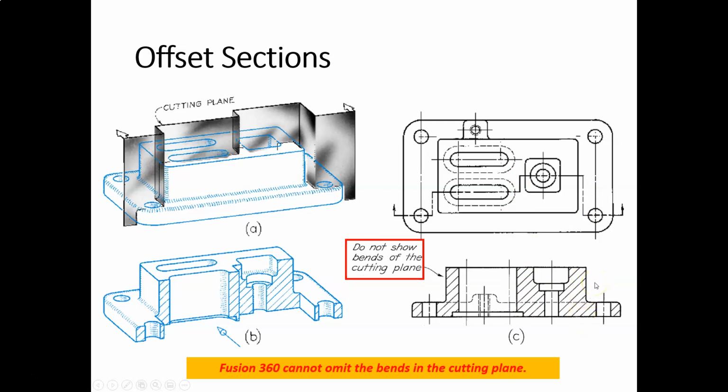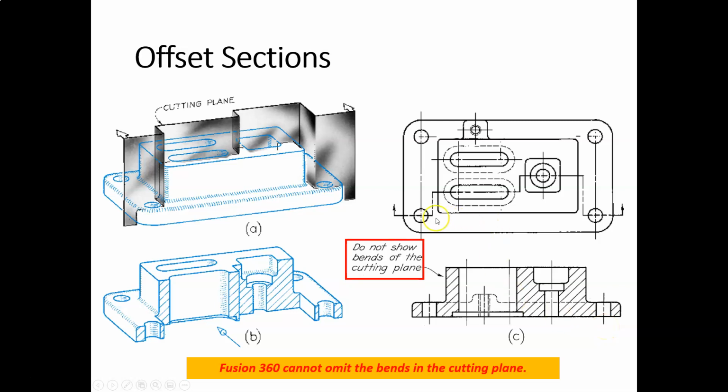So this is one of those areas where, technically speaking, we might be breaking the rules of orthographic projection, but it would be confusing if we put lines in the middle of the section lines right there, vertical lines in this case. So we don't do that. So in truth, this offset section front view gives a misleading or distorted view of the actual object if we just use this view.